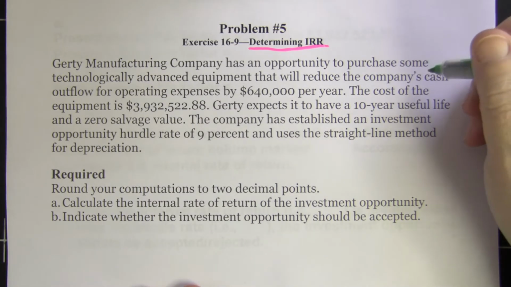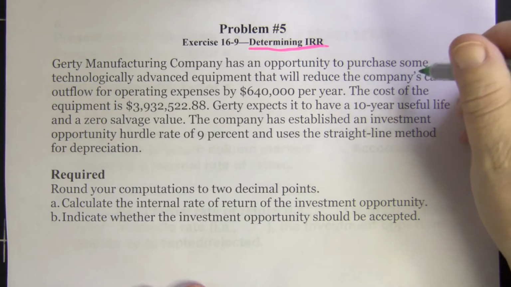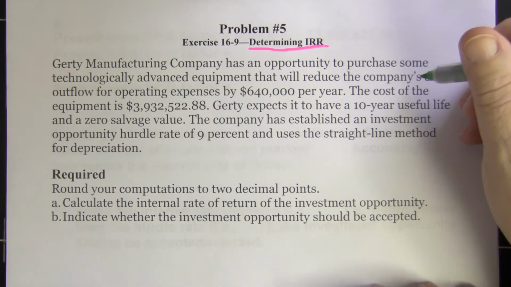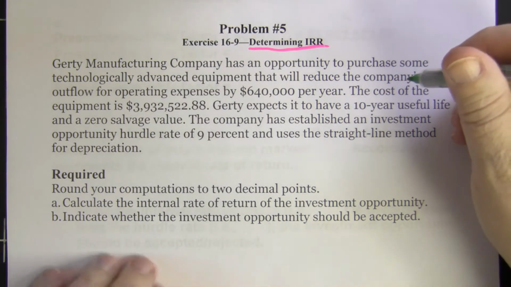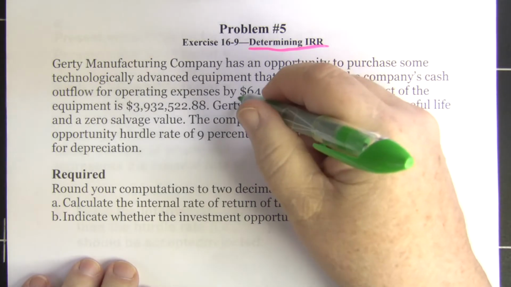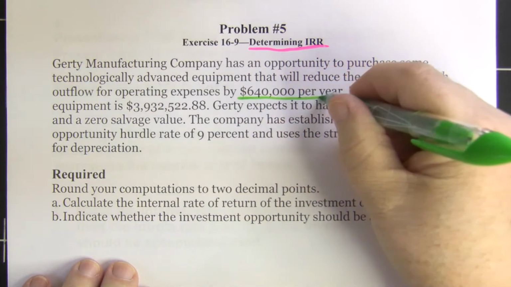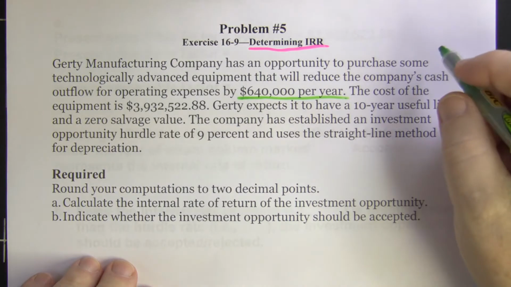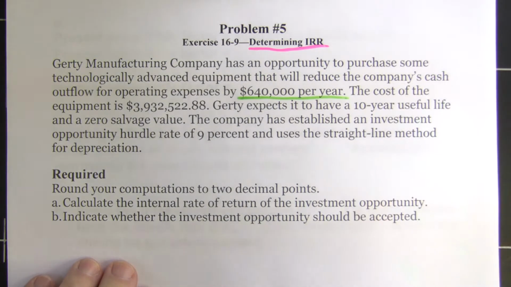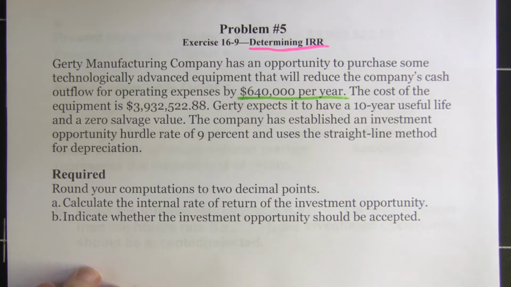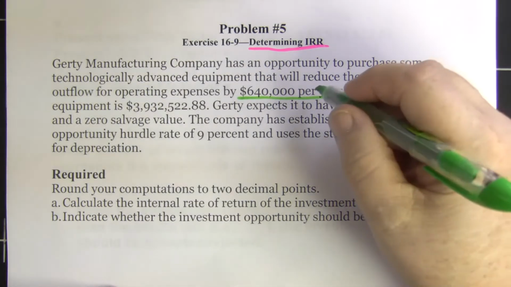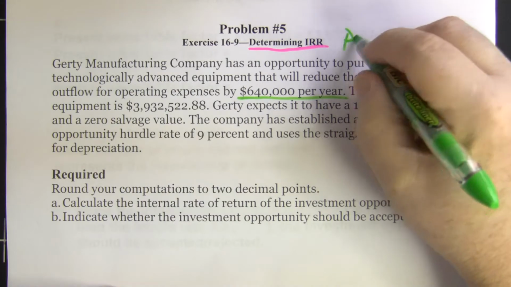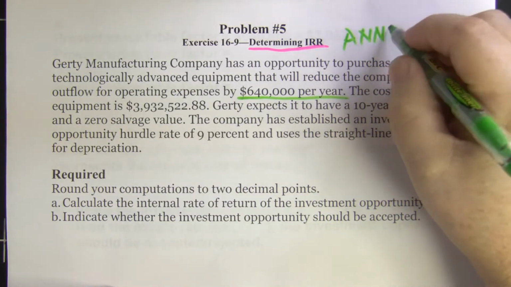This company has an opportunity to purchase some technologically advanced equipment that will reduce the company's cash flow by $640,000 per year. Well, if you can save $640,000 per year, that's an annuity. The minute you see per year, you think annuity.